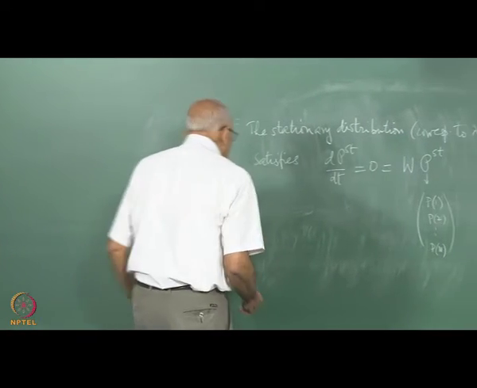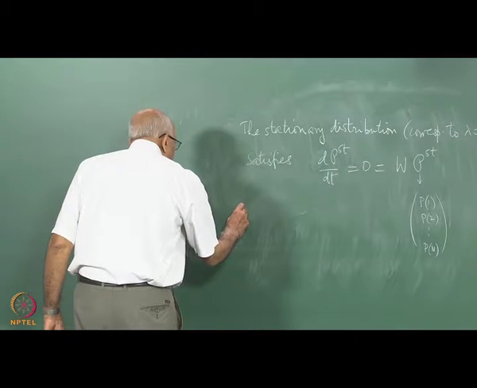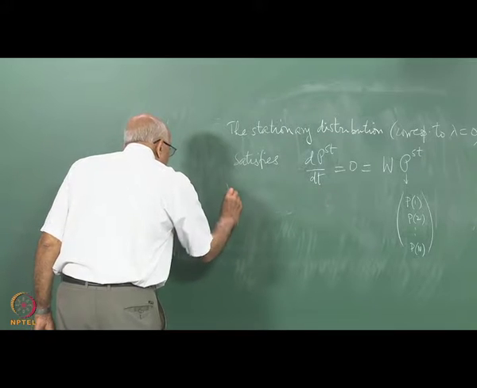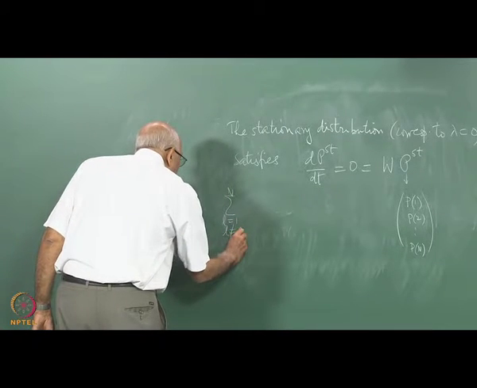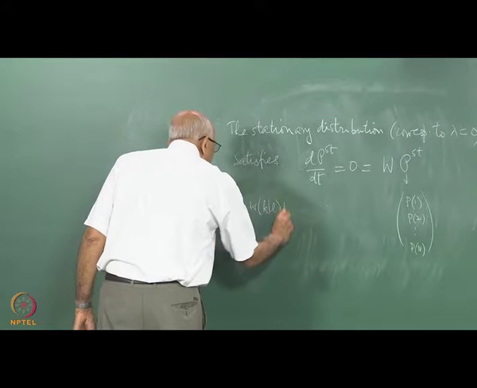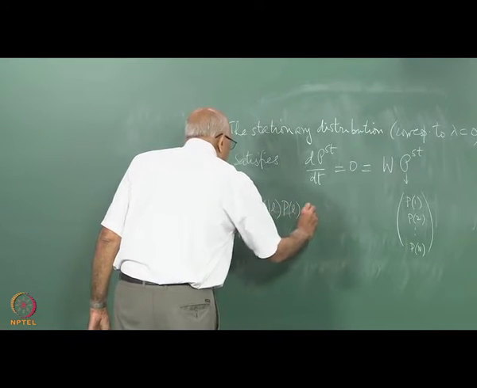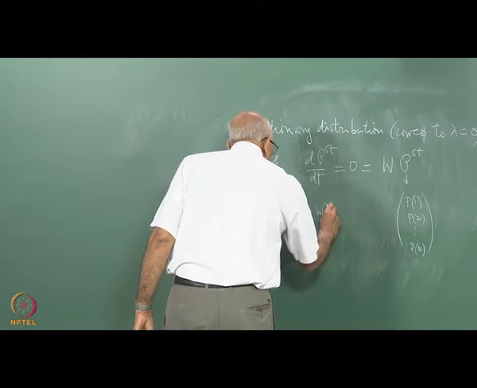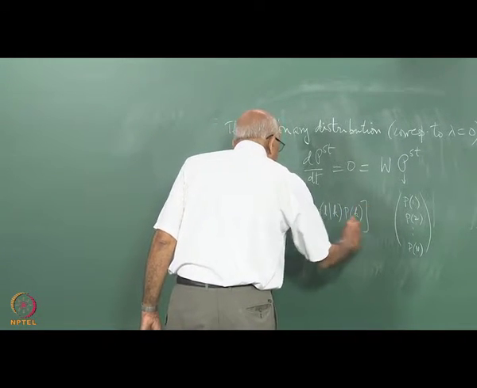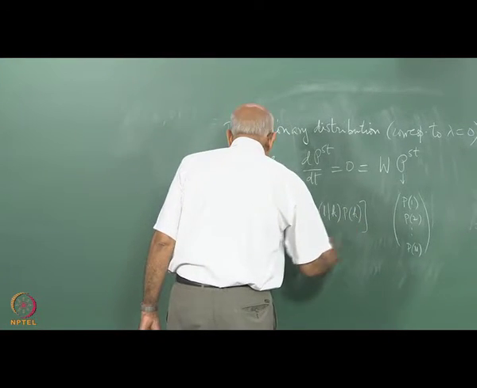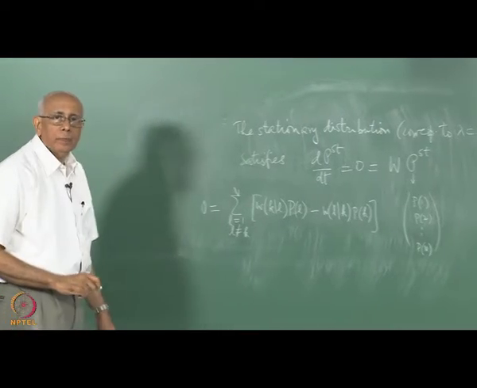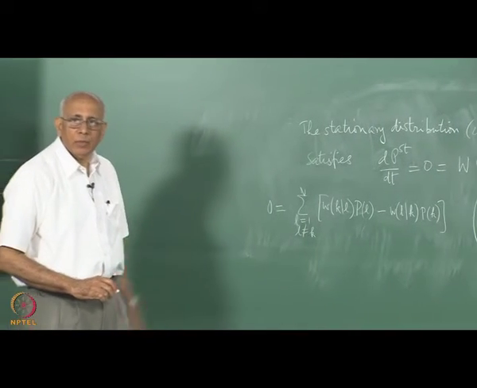And what is that given by? Well, we have the summation over L running from 1 to n, L not equal to k, of W_kL P of L minus W_Lk P of k, which must be equal to 0 for the stationary distribution.